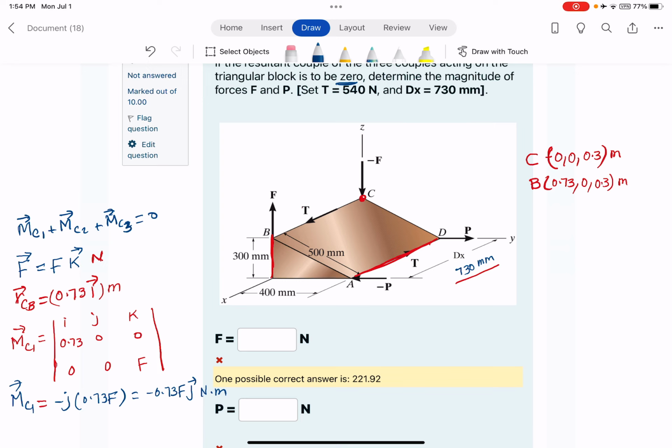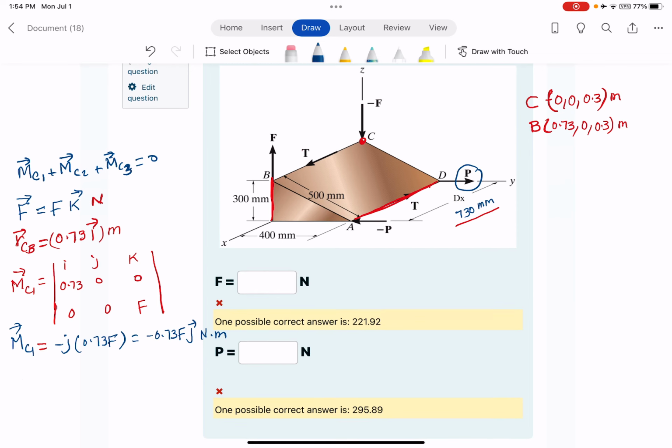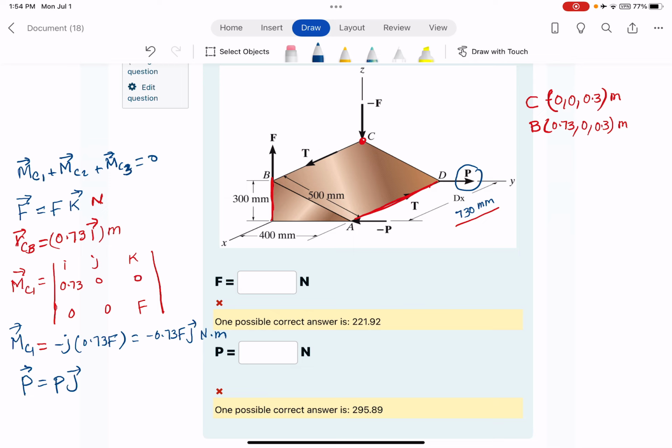Let's go for the next force. The next force, let me take B, I'll take this positive B. So the next force is P, which is the magnitude P, and this is in the Y, so this is in the j. What is the position vector that I'm going to take this couple moment at?